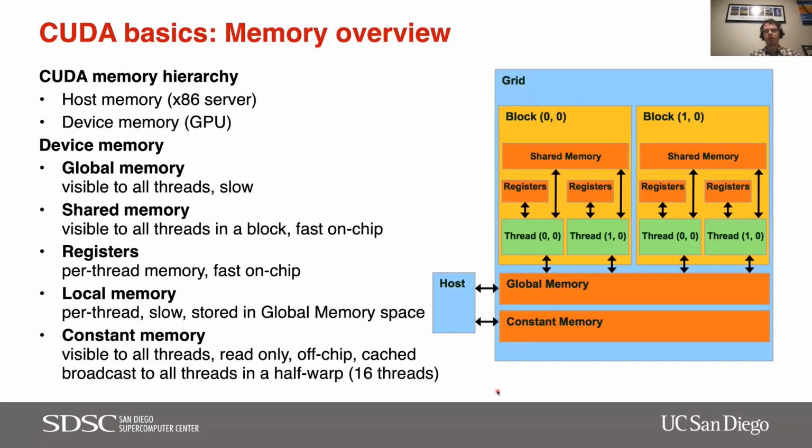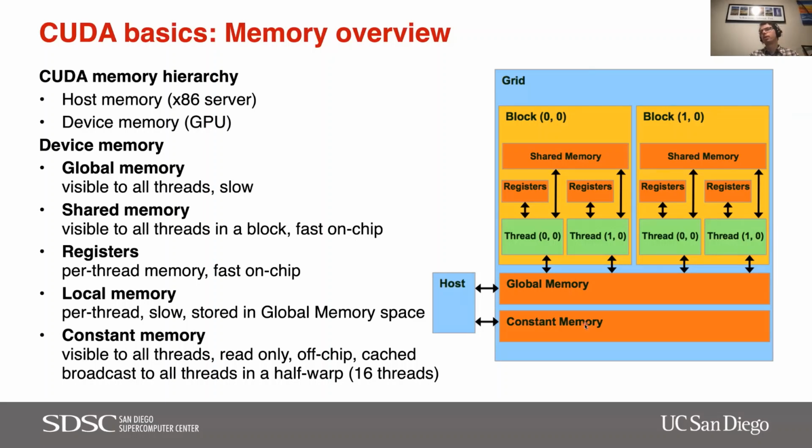Here's some more information about how the memory relates to each other. If this is the GPU, the grid that I talked about, all the threads are running on the GPU. So they have access to global memory. They also have access to constant memory that can be set from the CPU and read during the execution of the kernels.